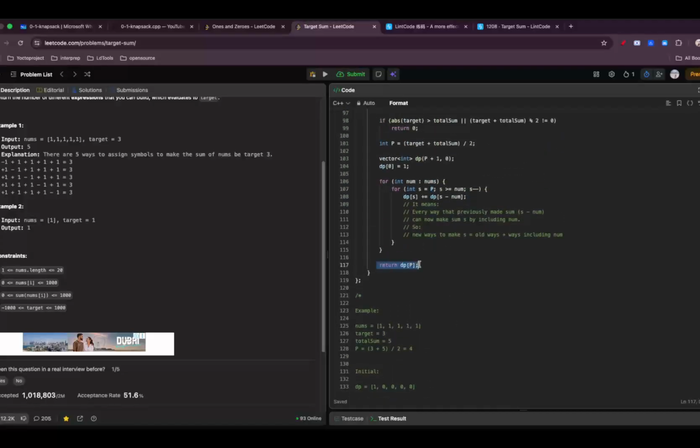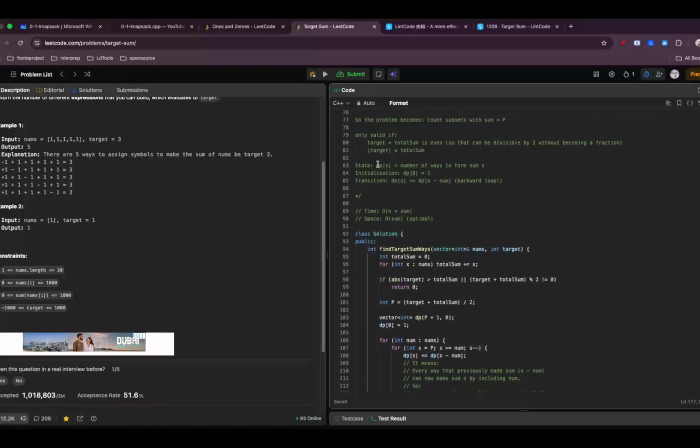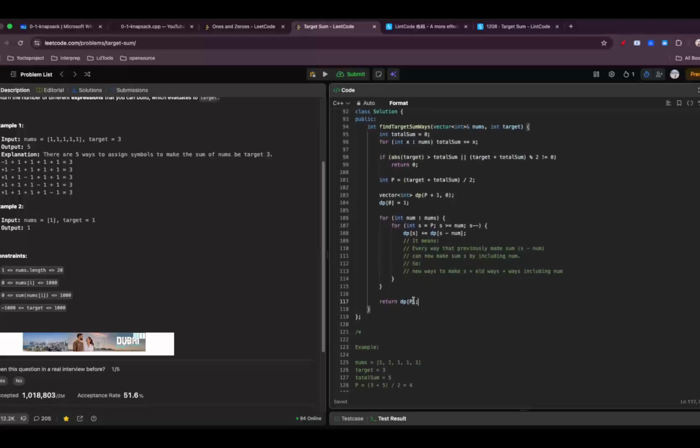At the end we need to return dp of p, because our state is dp of s equals the number of ways to form sum s. Now what we want is the number of ways to form sum p. So that's why we return this.